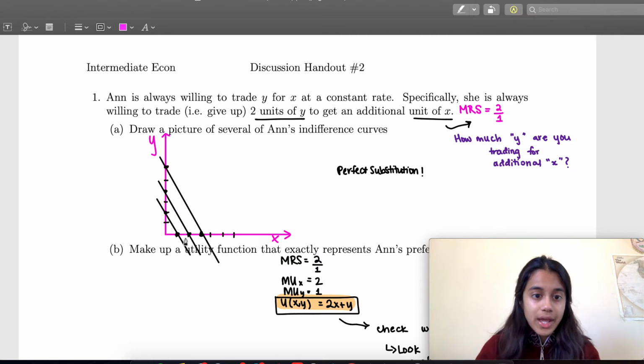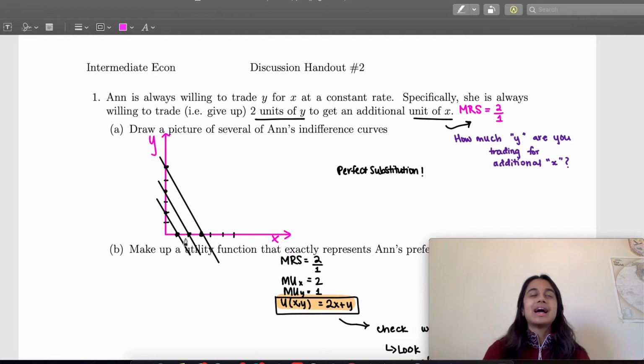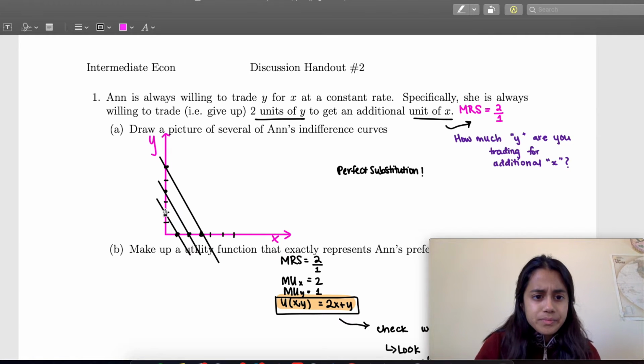One thing you'll probably know in class is we tend to not care about the signs. We always look at the absolute value, because we all know it's going to be a negative value. It just makes our calculations much easier if we assume the absolute value of the slope. So here's my negative 2 over 1.